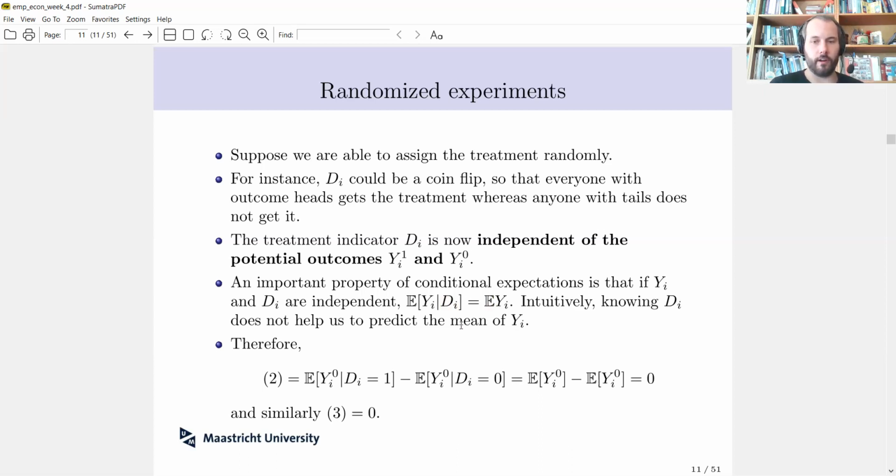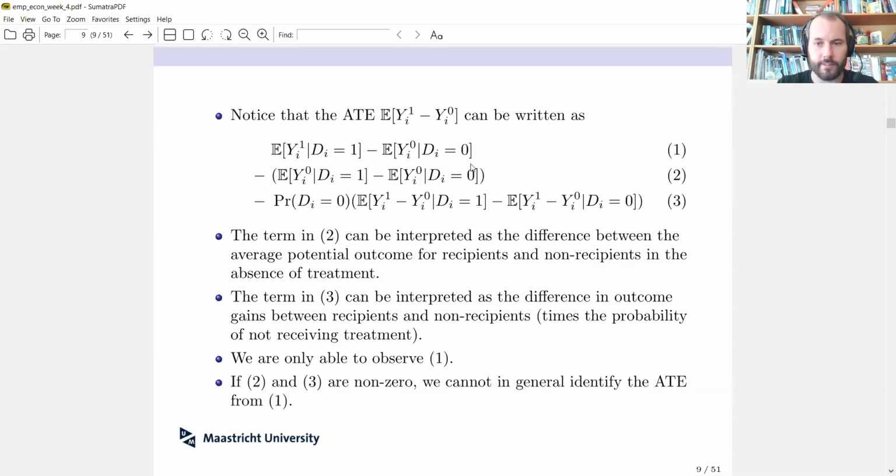And now for our treatment effect estimation, if we again look at our selection bias, that's equation 2, which we have seen here, this is the thing that we are looking at. If DI is independent of the potential outcome in the absence of treatment, as we assumed, then I can replace this by this, because DI does not make any difference.